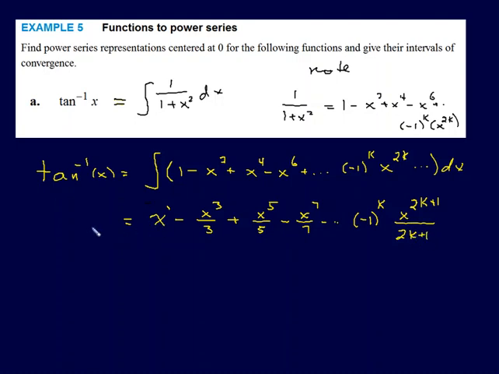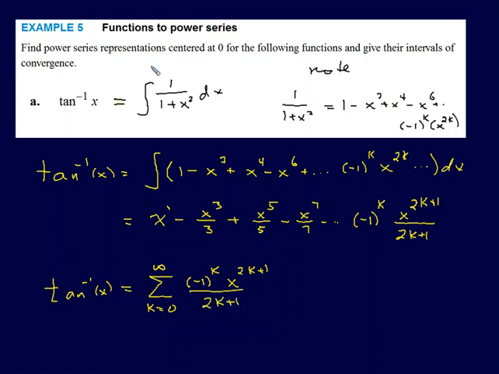And so these are our first few terms and general term. Our conclusion might be that the inverse tangent of x is expressed in this form: x to the 2k plus 1 over 2k plus 1.